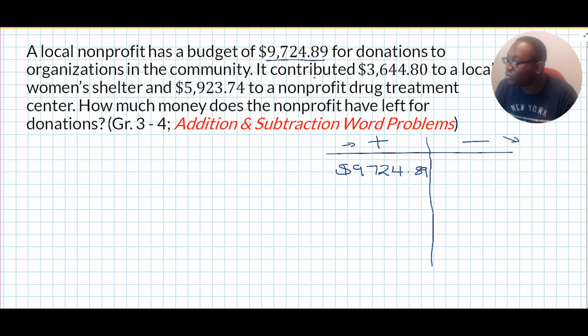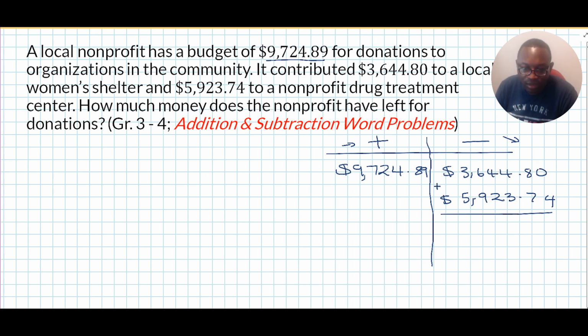And then it contributed 3,644 and 80 cents to a woman's shelter, and also contributed $5,923.74 to a drug treatment center. So this is all the money that went out. So we're going to add all of this together.